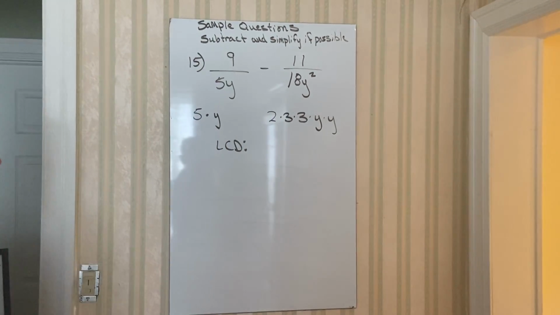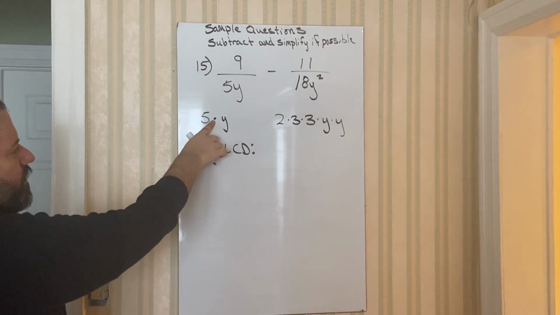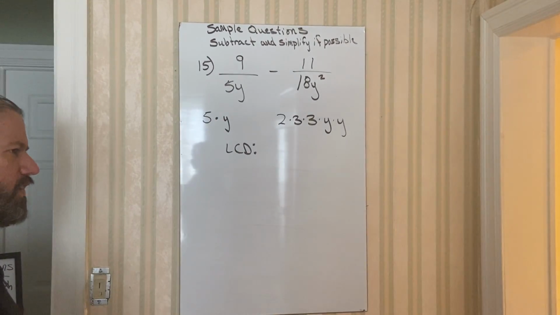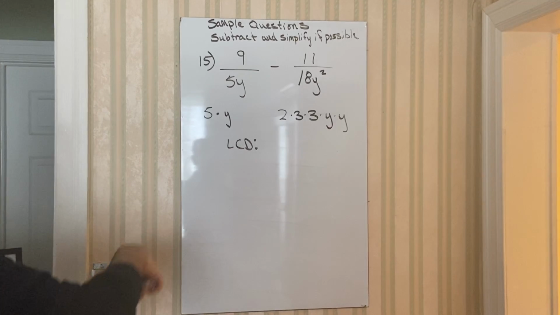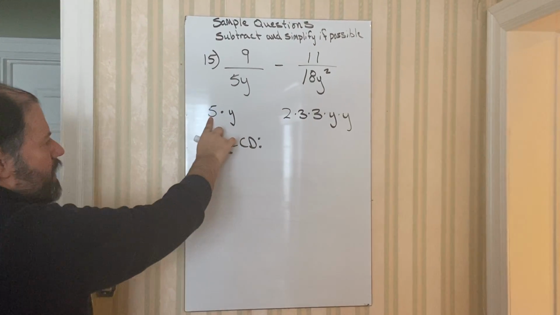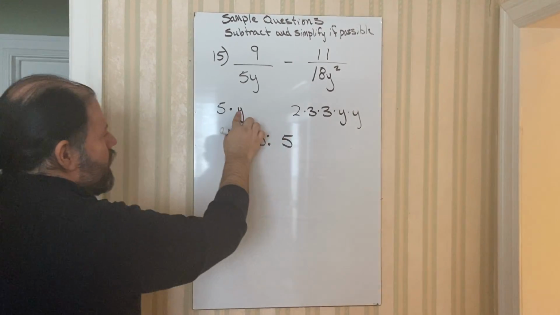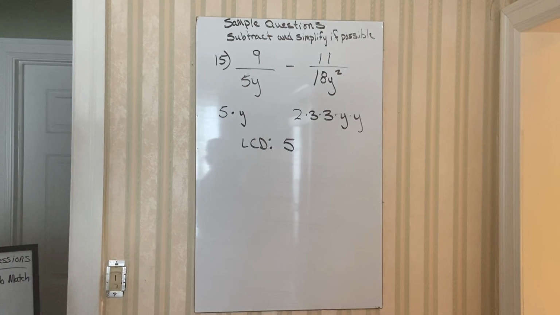So let's write down each of the different types. The first type, remember these are separate. Remember the multiplication symbol separates. So don't think that you have to put 5y down here. Think that you start with 5, that's new, and then the next term is y.